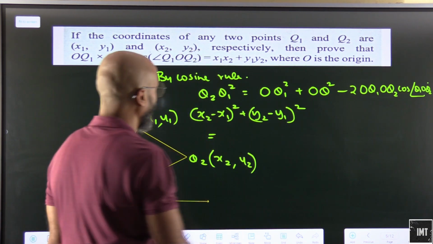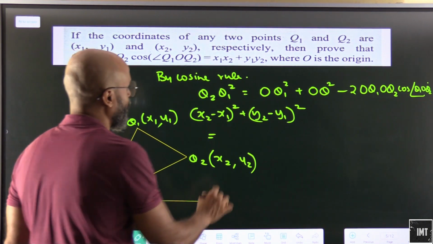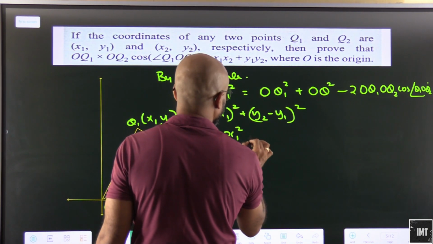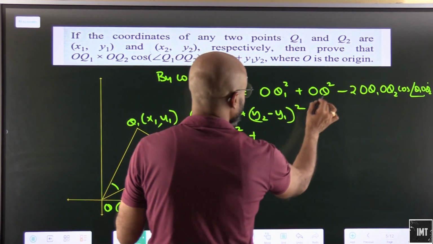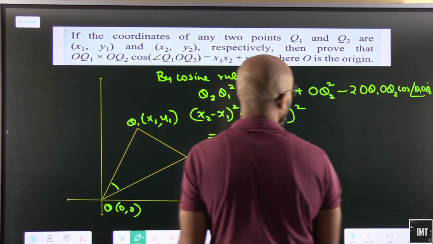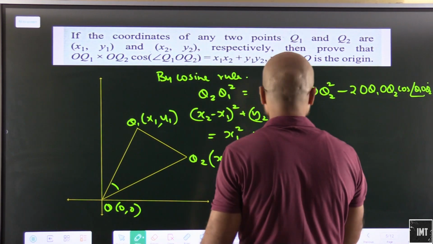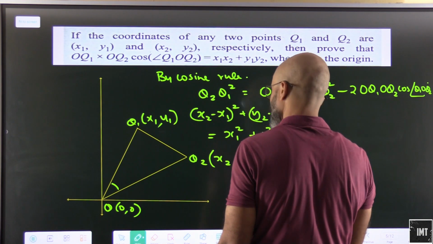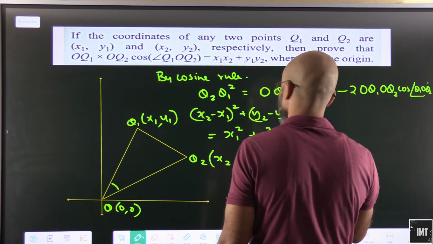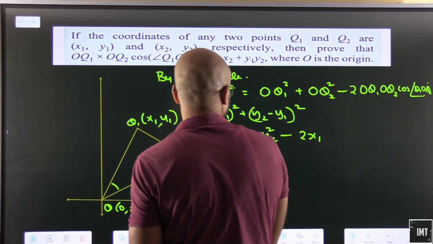This will be equal to OQ1 square. OQ1 square will be how much? Obviously x1 square. OQ2 square will be how much? OQ2 square will be y2 square minus 2 OQ1 OQ2.